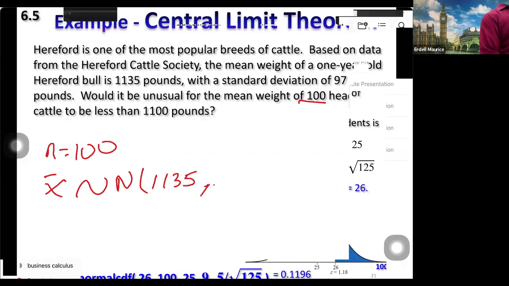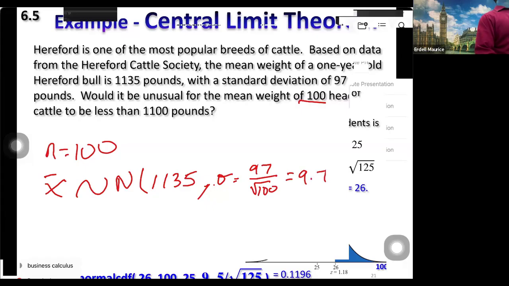And what's the standard deviation going to be? It's going to be 97 divided by the square root of 100. Yes? Questions there? Square root of 100 is 10, so this is 9.7.